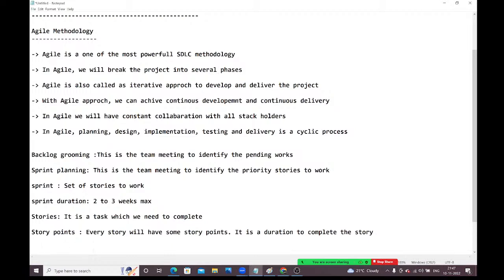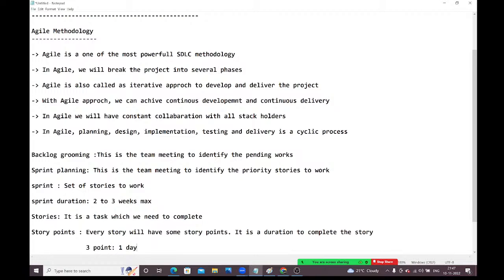If they are giving 3 points for a story, it means within 1 day we need to complete the story. 1 day means not 24 hours, but 8 hours. In 8 hours, we need to complete that story.